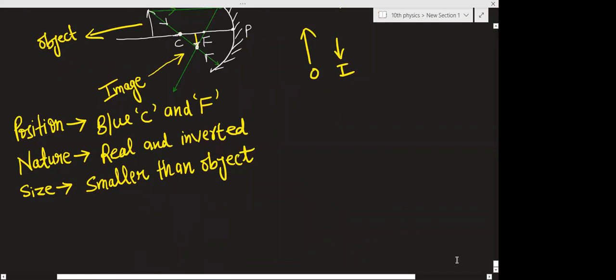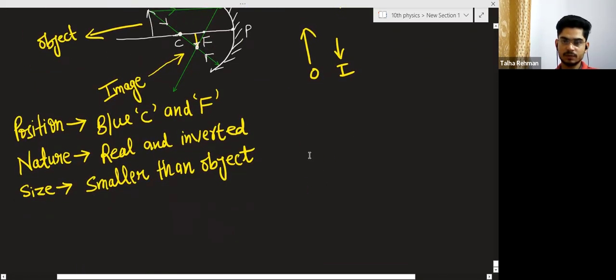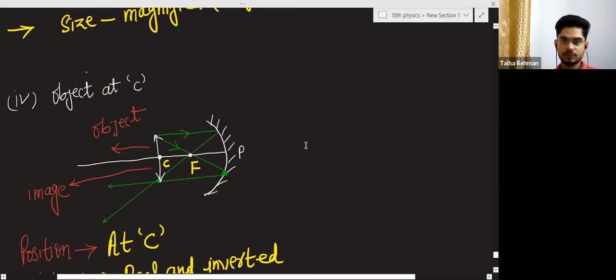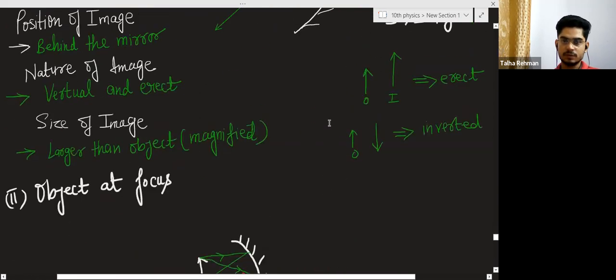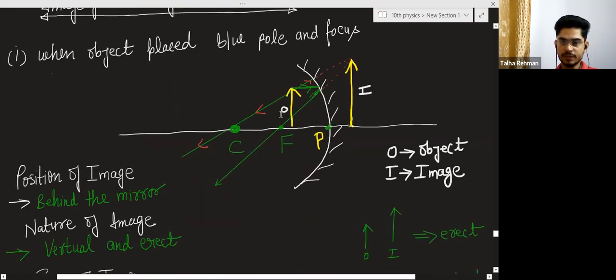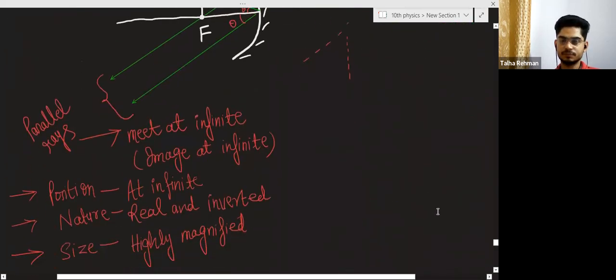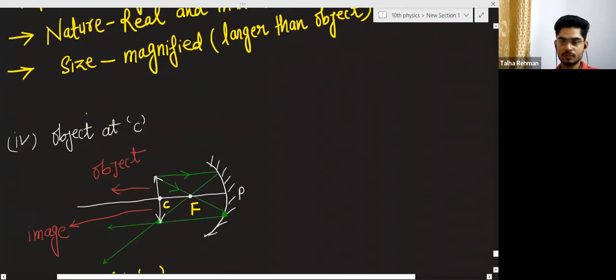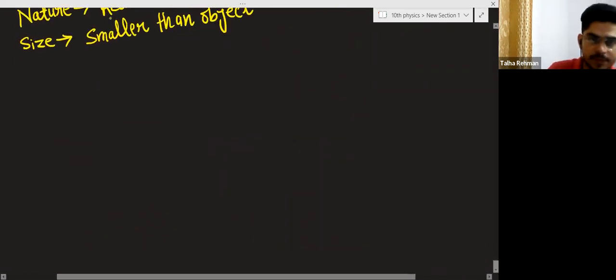Yes, sir. Okay. So there is one last case. See here, first the object is placed here, then here, then here, then here, then here. Now we will place the object at infinity, and we will see what will happen.